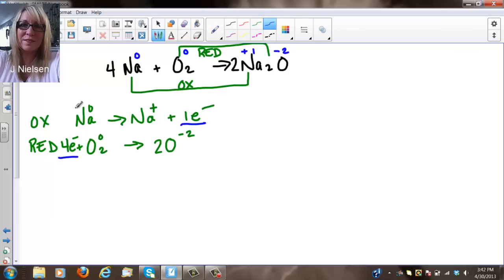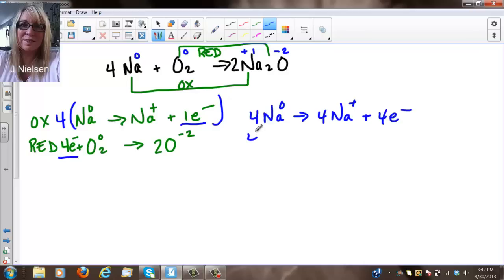So the only way that I can balance the electrons is by multiplying the top reaction by 4. So I have 4 Na0 going to 4 Na plus 4 electrons. And then on the bottom I've got 4 electrons plus O2 0 going to 2O minus 2.